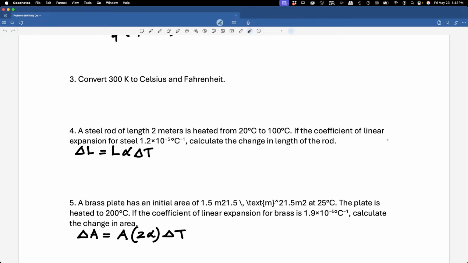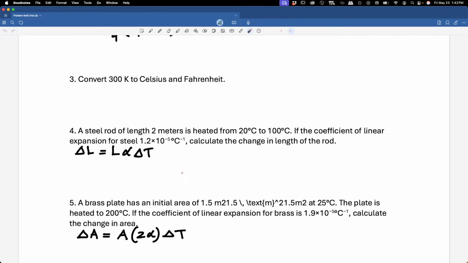And then the constant for steel, the coefficient of linear expansion for steel, which is alpha, is also given. So all you got to do is multiply those 3 to get the answer. And the answer is going to be in meters because the original length is in meters.